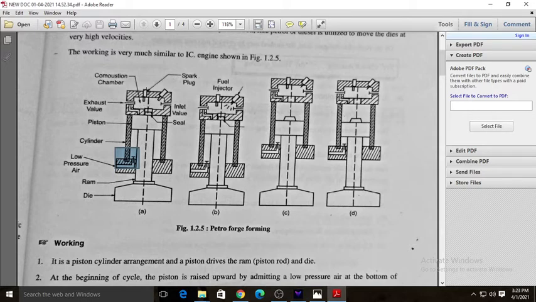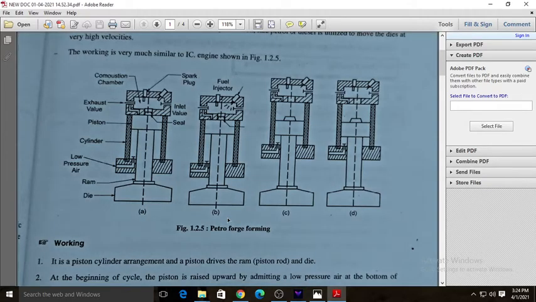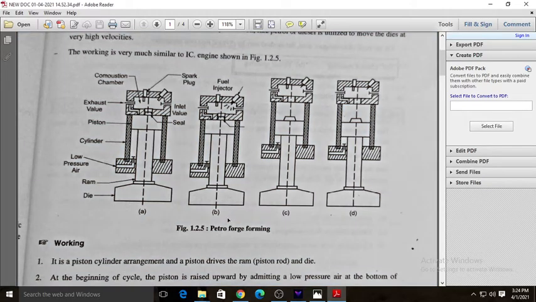Then when it reaches the topmost position, the spark plug ignites, and because of the ignition the fuel gets burned. The chemical energy of the gases is converted into mechanical energy, and this pushes the ram in the downward direction. When the ram strikes the die, on which we put our workpiece, the workpiece takes the dimensions of the die.